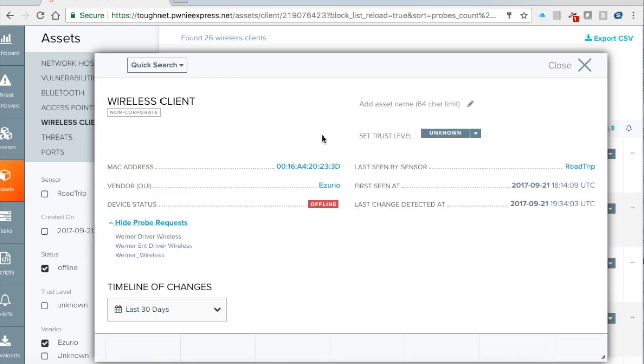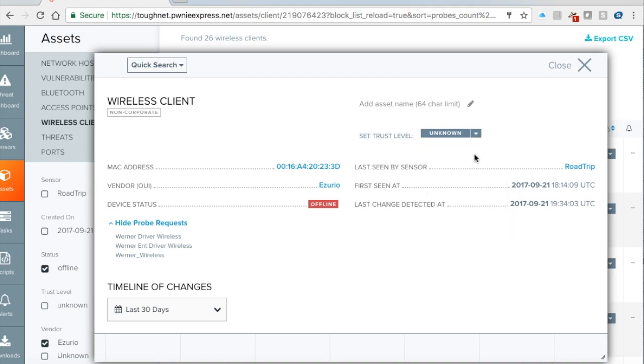That again will help us understand where certain individuals are using these devices, and if we really want to, we can set different trust levels for these devices too, so that if we see this device in particular, or something close to it, we can say, yeah, this is a known device, right? It's acceptable, or have some level that we put to it.